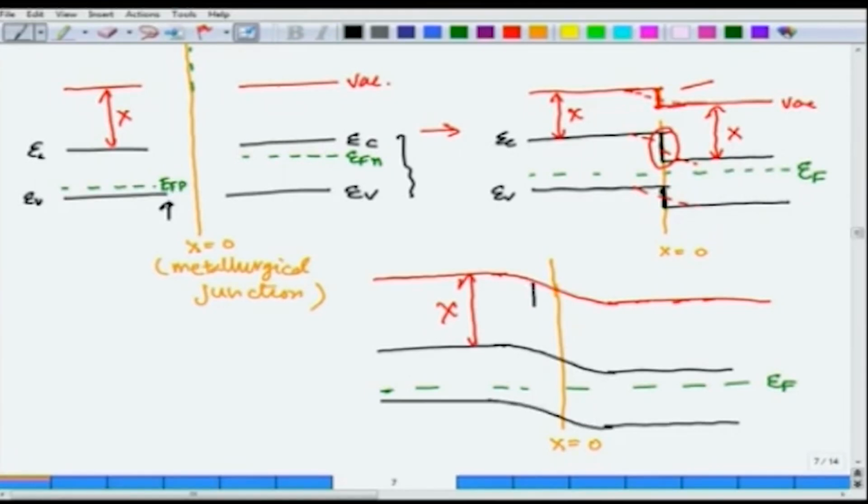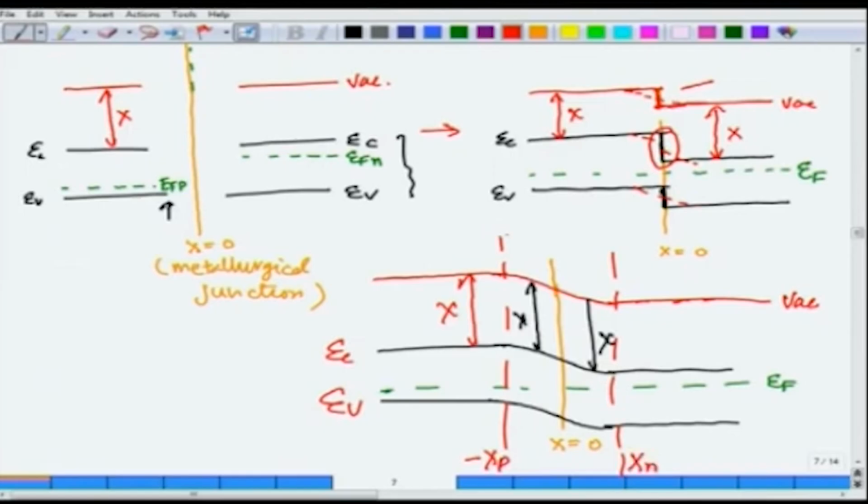So that everywhere this remains the electron affinity, and this remains the vacuum level. Now I have got my band diagram, EC, and here is EV, and the Fermi energy is common. Something happened to the semiconductor between these regions. This is minus xp, let's call the other xn.